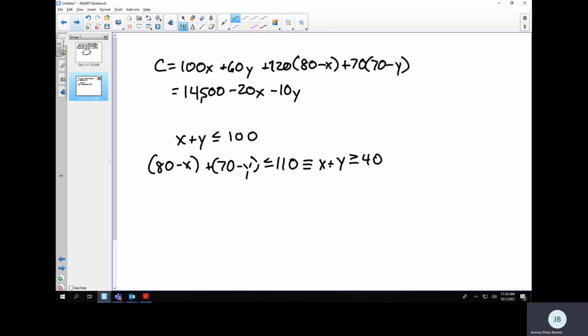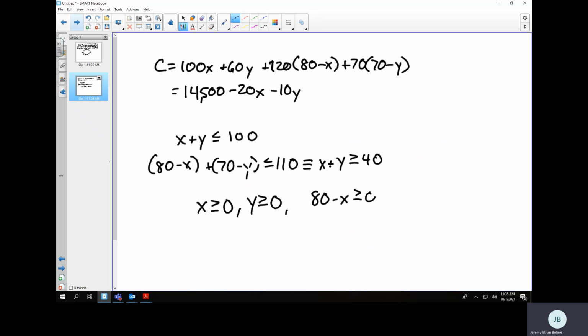Also, we know that X is greater than or equal to 0. Y is greater than or equal to 0. 80 minus X is greater than or equal to 0.